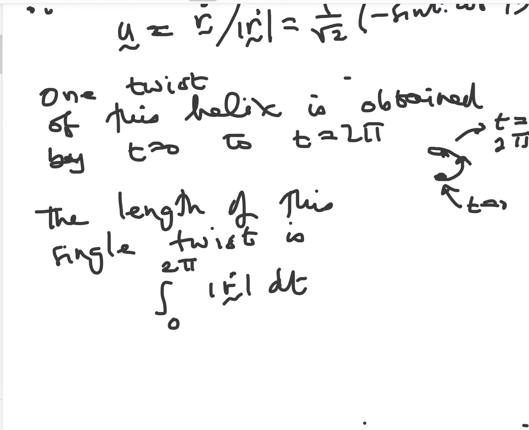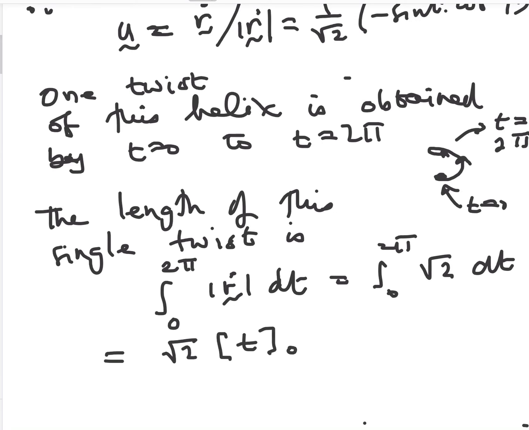We've done the mod of r dot early on. Very quickly, it's just the square root of 2. So this is the integral from 0 to 2 pi of square root of 2 dt. This is equal to the square root of 2, integrate 1, you get t, evaluated between 0 and 2 pi. Once you've integrated all that, the square bracket is 2 pi, so what you end up with is square root 2 times pi, like so.